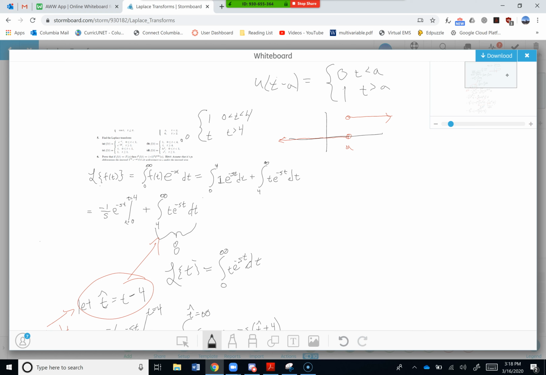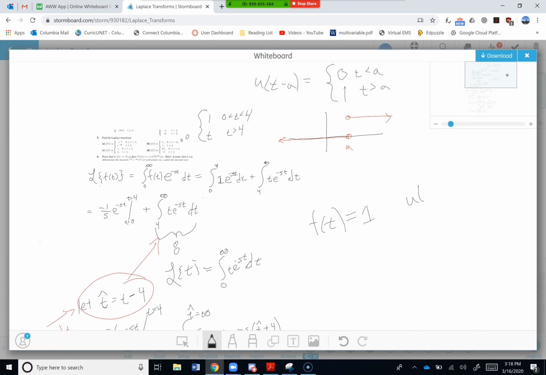And so if I wanted to restate my f of t, I think to myself, okay, so it starts at 1. So it's 1 regularly, and then at time 4, something happens.